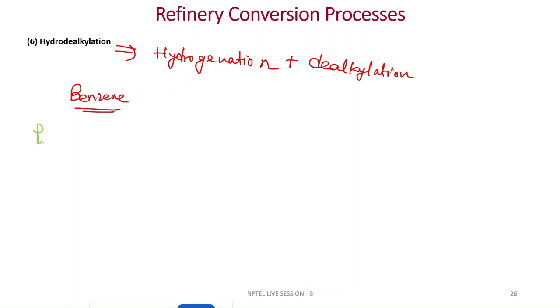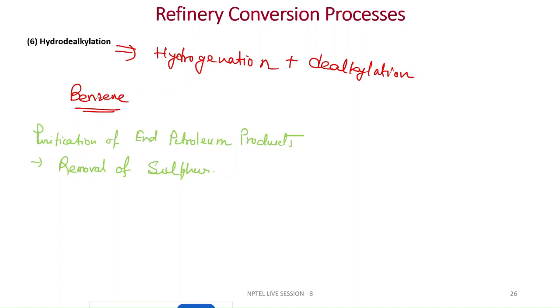Purification of end petroleum products: first is the removal of sulfur, like various mercaptans and H2S and other sulfur compounds.